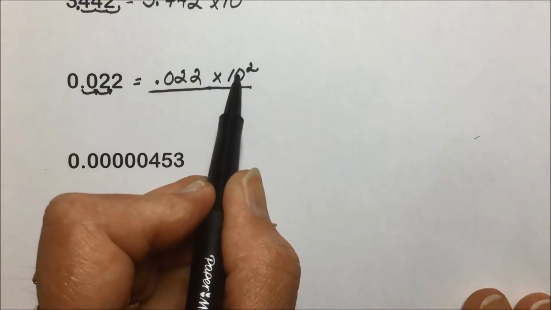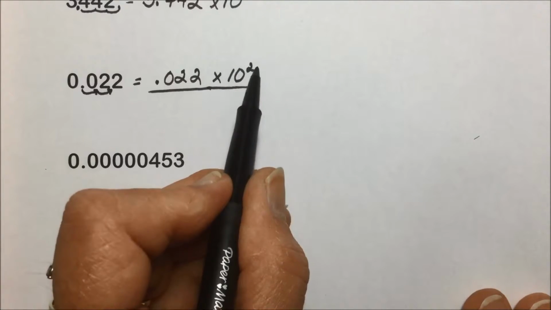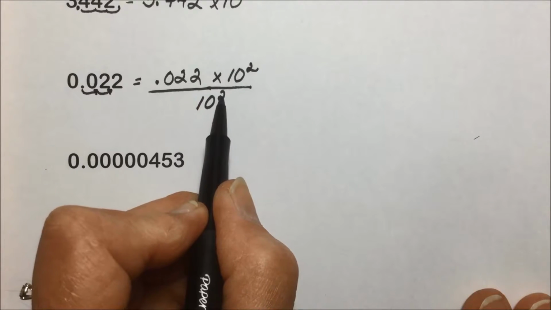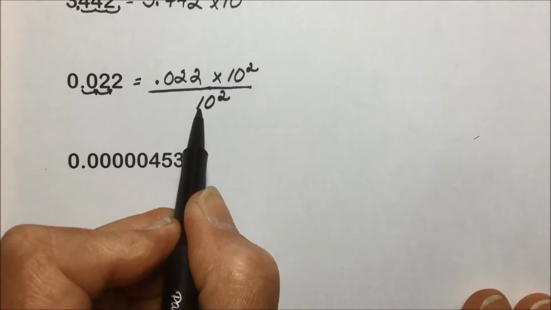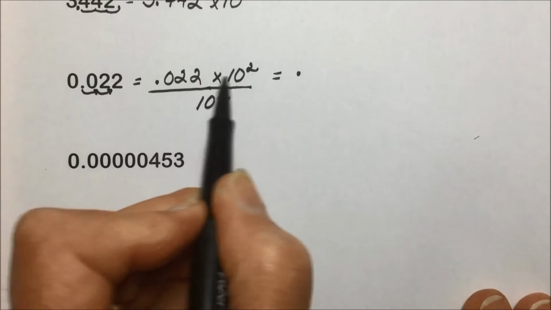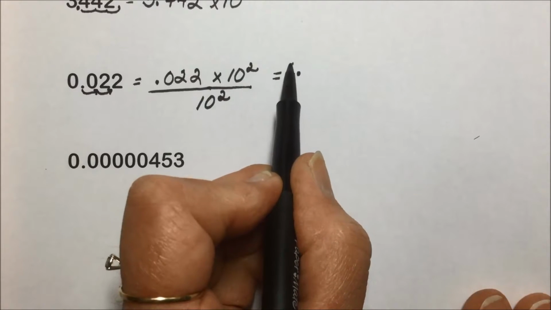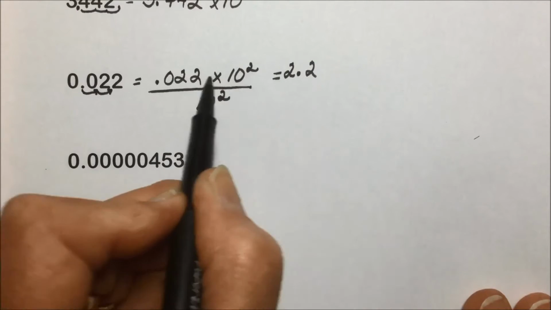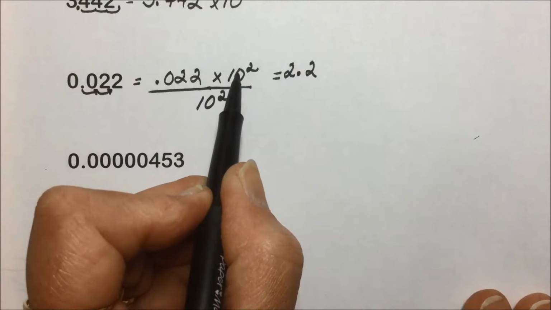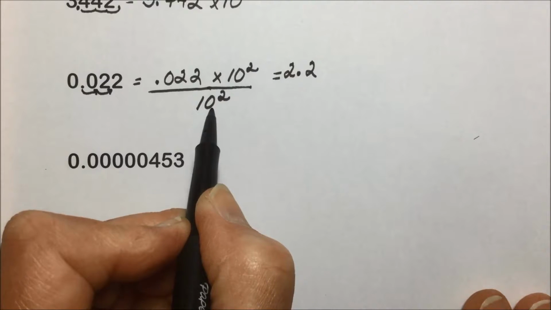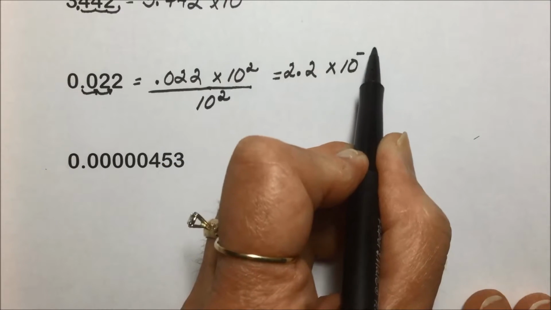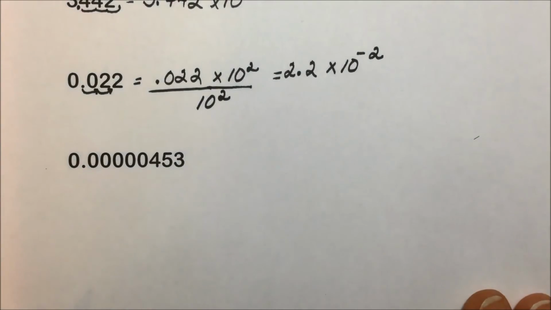However, we can't just arbitrarily multiply by 100. To counter that, we'd need to divide by 100, or 10 to the second power. Simplify in the numerator, we end up with 10 to the second in the denominator. Let me do the multiplication. We end up with a 2.2 when we multiply by 100, and that takes care of that first 10, and we have a divide by 10 to the second, which we can bring to the numerator as 10 to the negative 2.